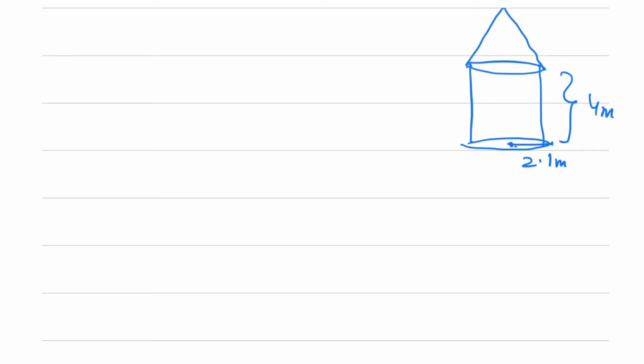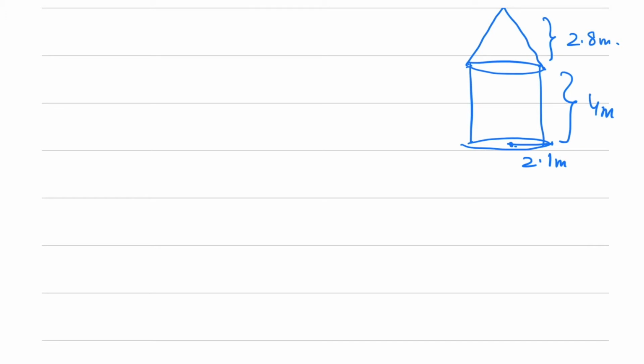The diameter is the same and the height of this conical part is 2.8 meter. Canvas used costs 100 per square meter.